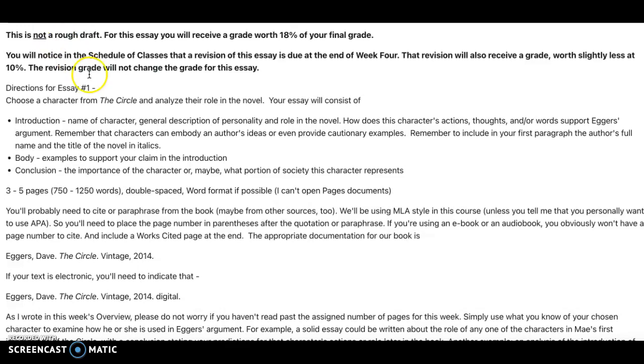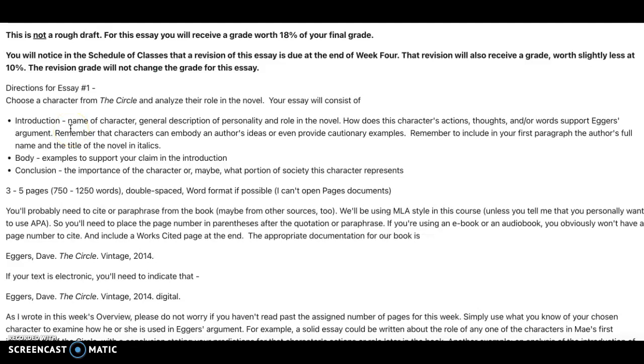I'm telling you here the organization for this: an introduction, body, conclusion. Actually, that's the way you organize every single writing assignment, just about anywhere, in any written assignment for a college course or actually in the workplace too. Introduction: tell me which character you're choosing and tell me why.